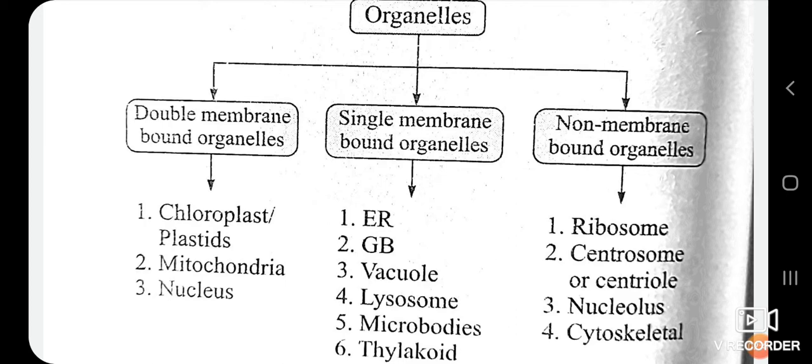These do not have any membrane. Okay, so this chart is always with you because it is very important from the MCQ point of view, and you have to remember it for the NEET point of view.